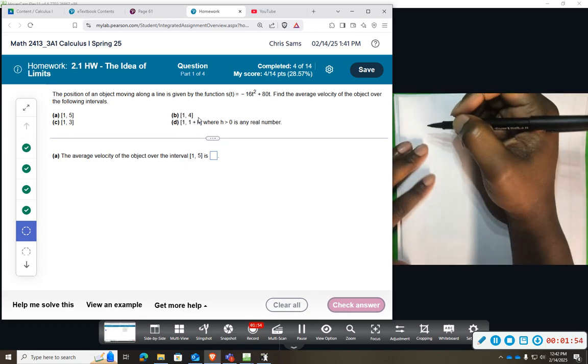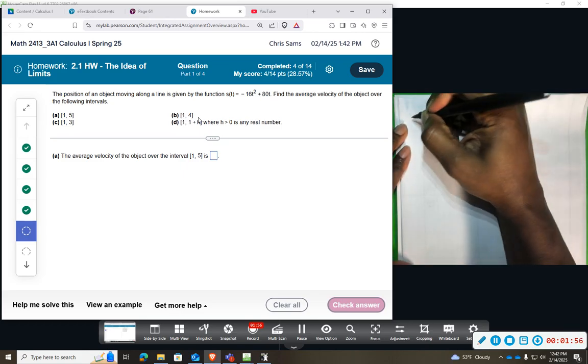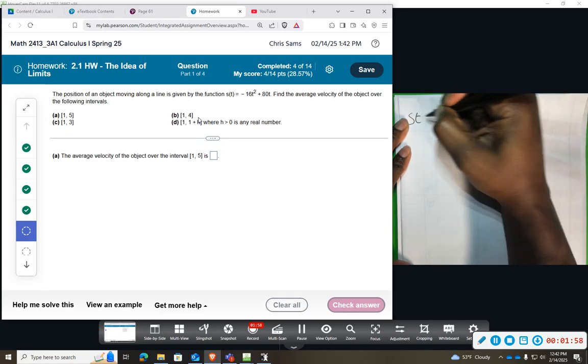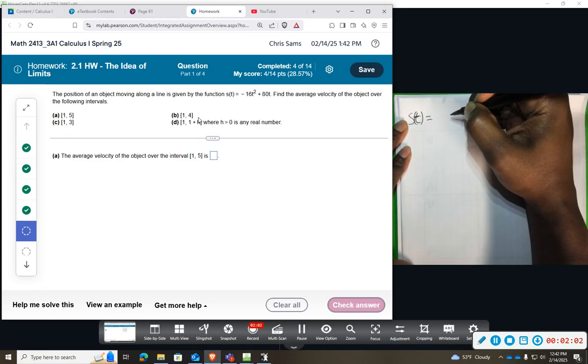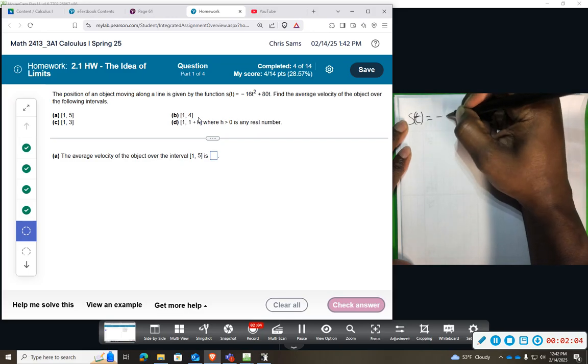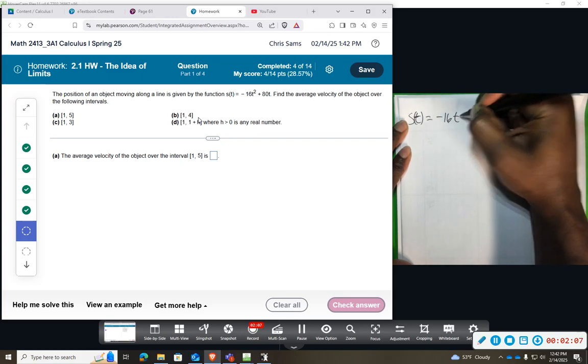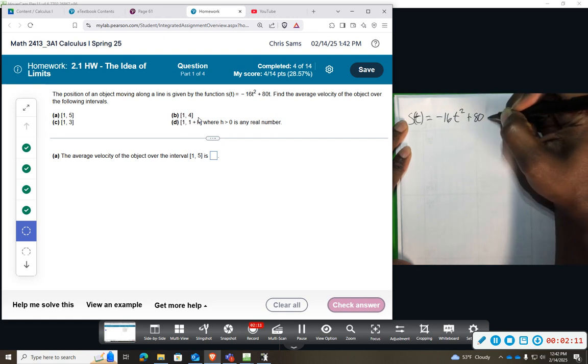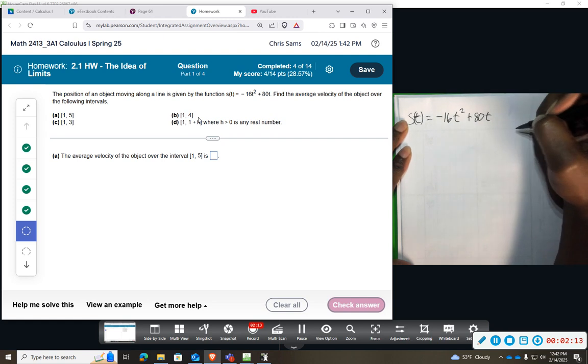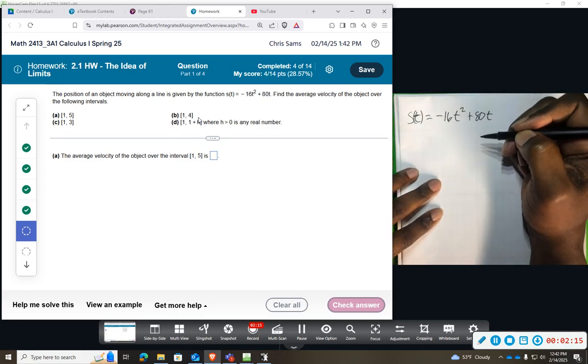We take the equation S of T equals negative 16 T squared plus 80 T, and then find the average velocity.